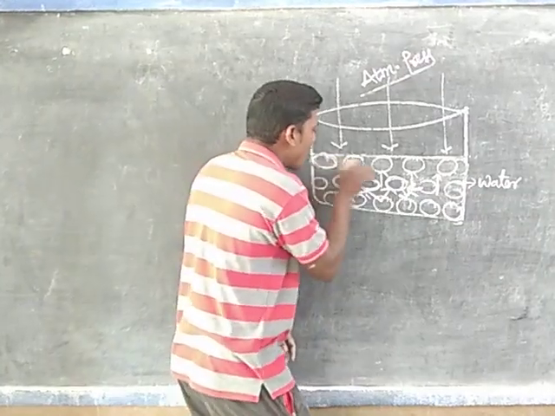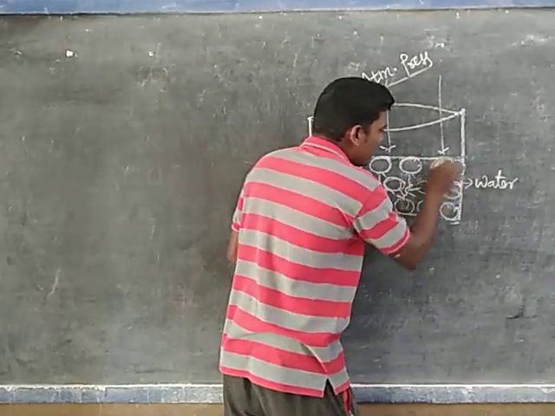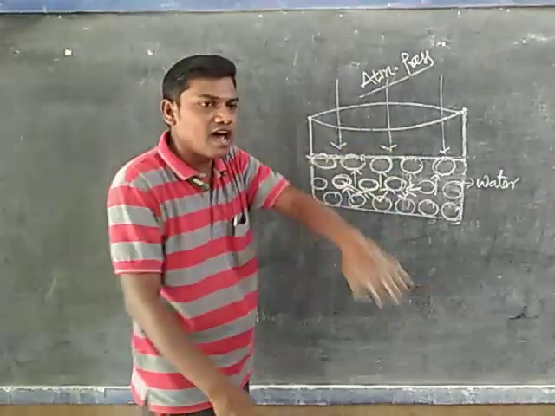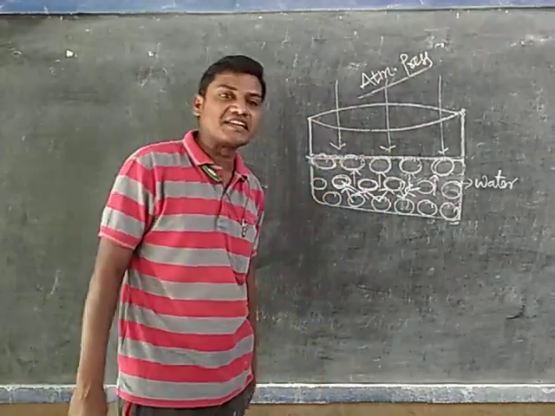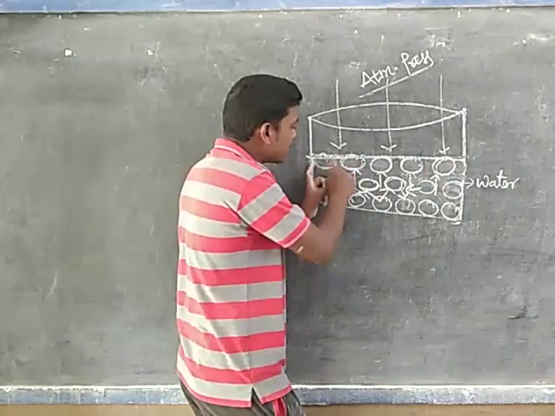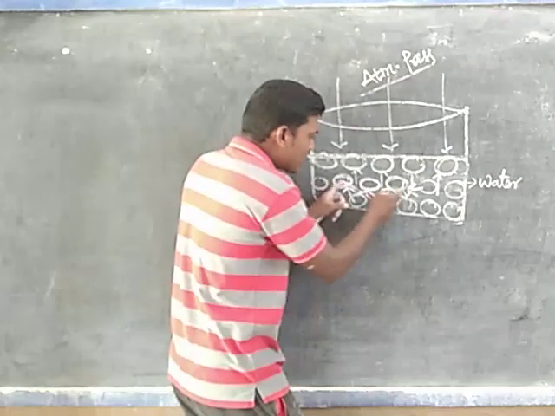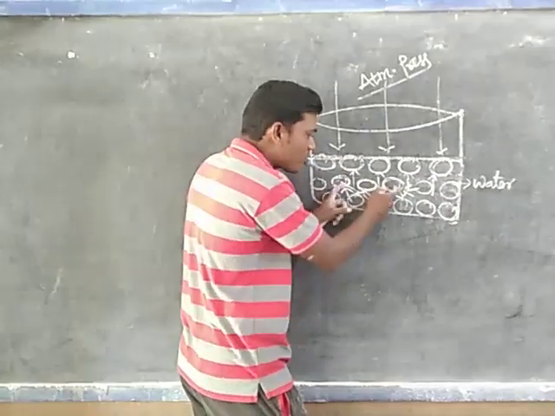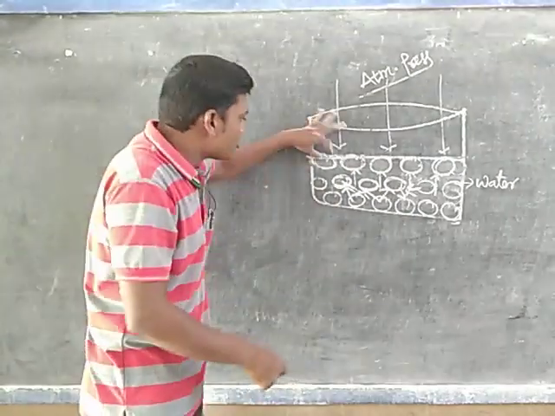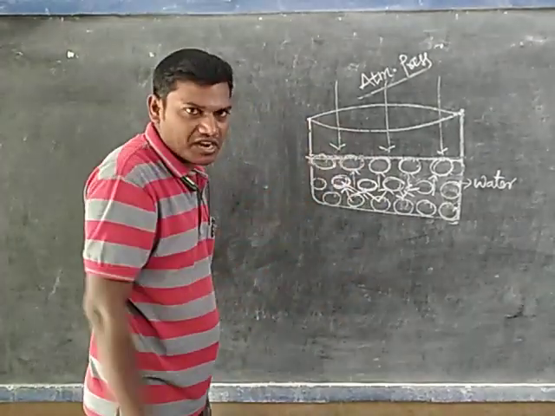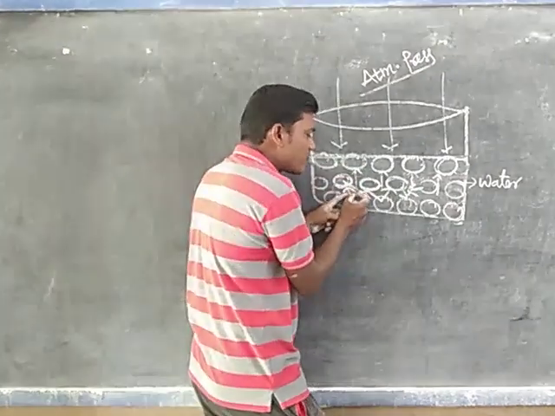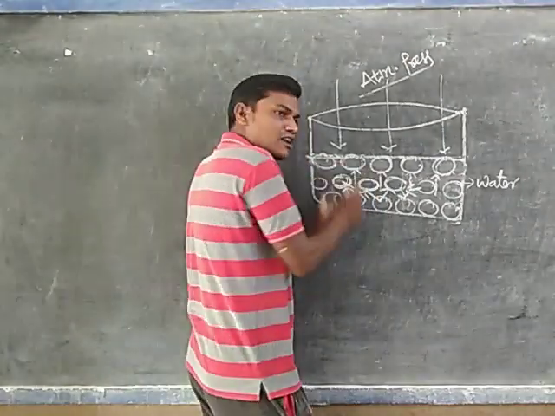That's why the water molecules present near the surface absorb more heat energy. Here also they collide and transfer the energy. But compared to the lower molecules, these molecules get more energy, because due to the collision they absorb some energy, and along with that some energy comes from the lower molecules by the convection mode.